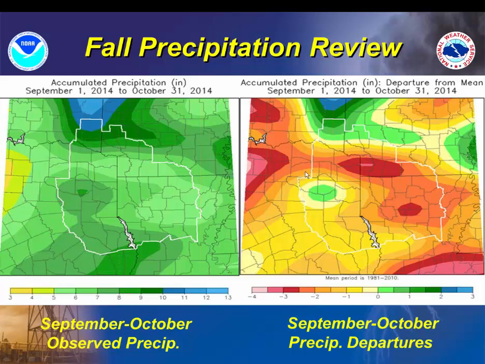Again, that's been exacerbated across parts of northeast Texas, southwest Arkansas, and northwest Louisiana, those same areas that had received below normal precip during the summertime months as well. And over the last couple of months, we've really begun to see some dryness mounting across much of north central Louisiana.